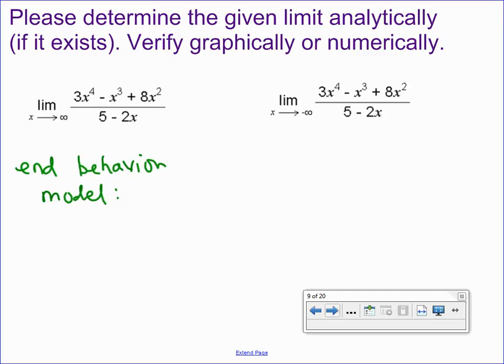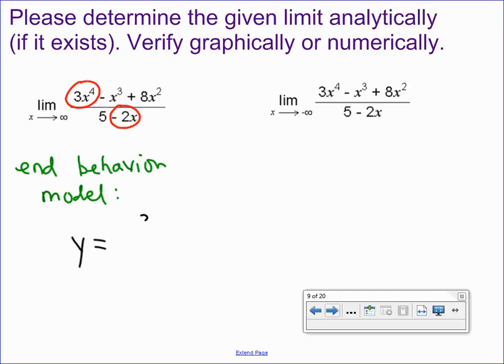And so basically, we can grab onto the quotient of the dominant terms. Keep in mind that negatives still count though. So that negative does influence the end behavior. You saw that's very important. A negative x cubed is very different than a positive x cubed in terms of end behavior. And so we want to make sure that we're grabbing those dominant terms, sign included. My end behavior model for this particular function then would be given by the quotient of the dominant terms.